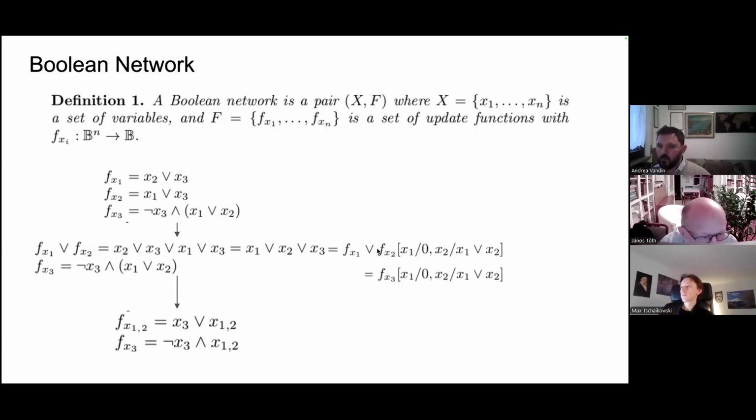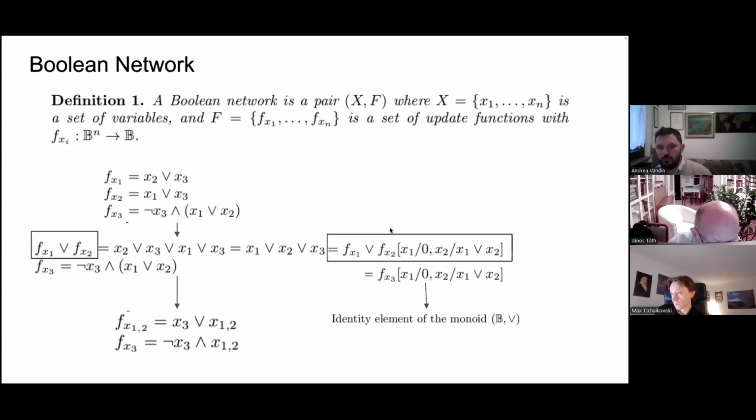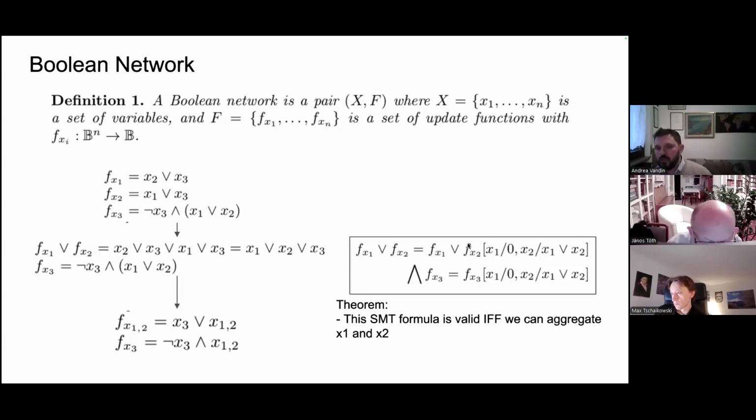In reality, we ask Z3, an SMT solver, a SAT solver, for the validity of a given formula. We check whether this formula holds. So we take the OR of the two variables, and it is equal if you put to 0 x1 and you replace the other variable x2 with the OR of x1, x2.